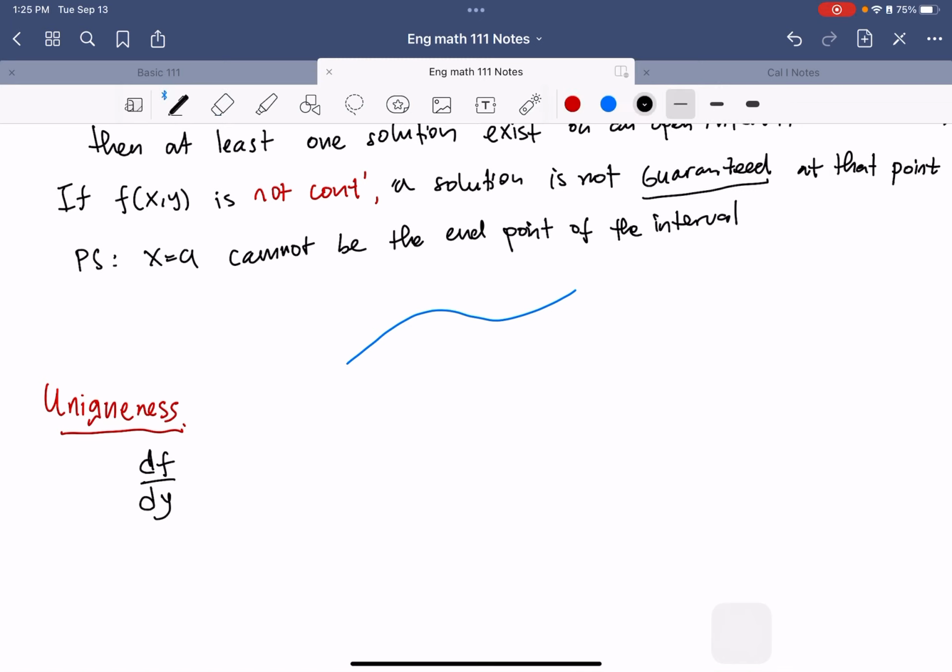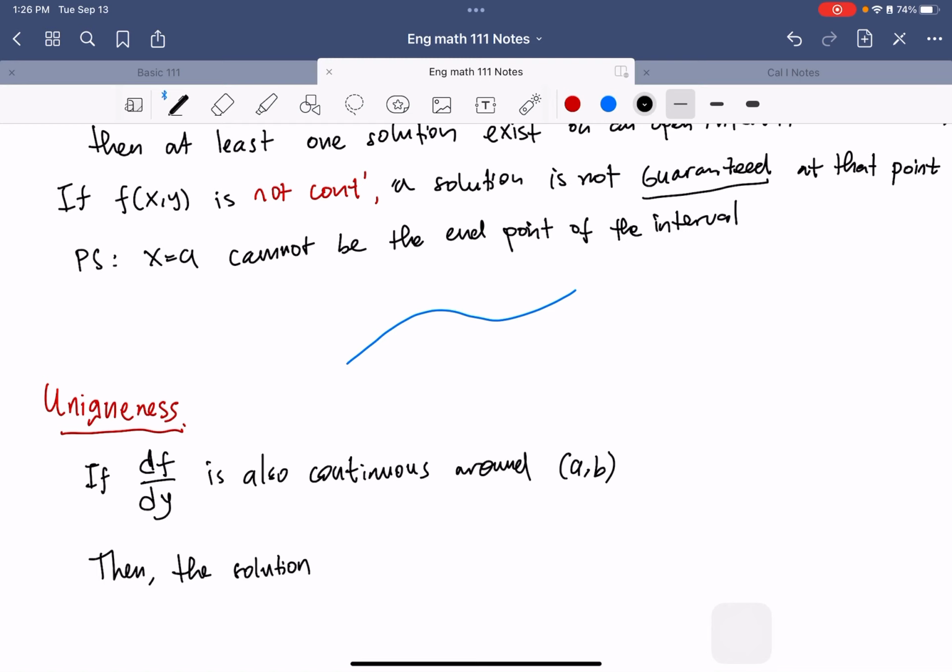Let me write it: if ∂f/∂y is also continuous around the initial condition (a, b), then the solution to the differential equation at (a, b) is unique.